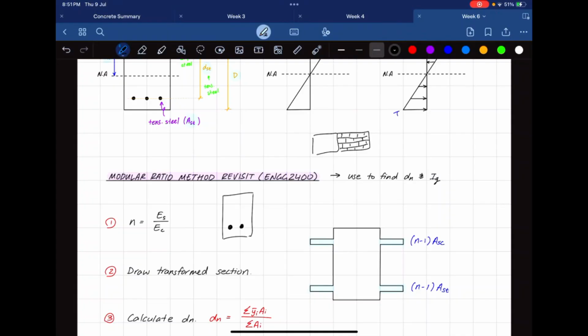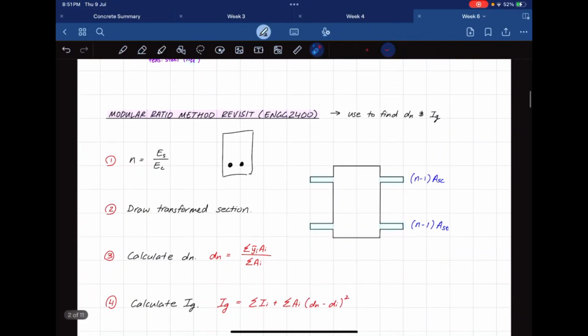Because of the difference in stiffness, one's not stiff at all, it just falls right off, and the other one's really, really stiff. What I'm trying to get to is you're going to have to transform your section. So you're going to have to find an equivalent amount of concrete to this amount of steel.